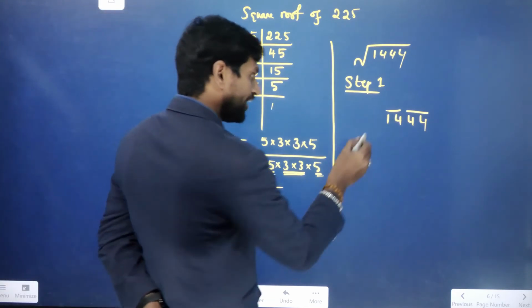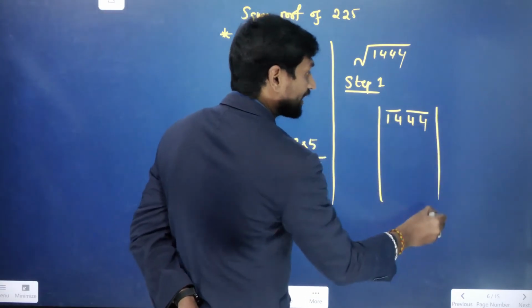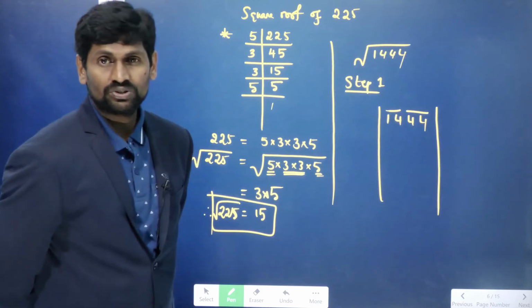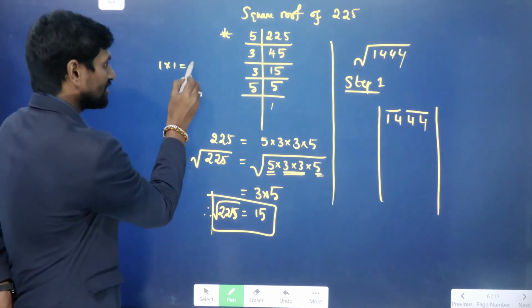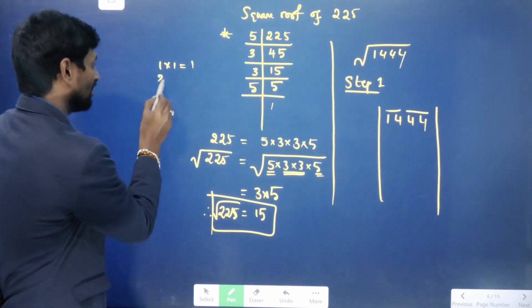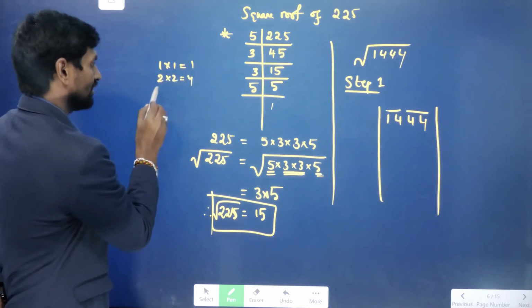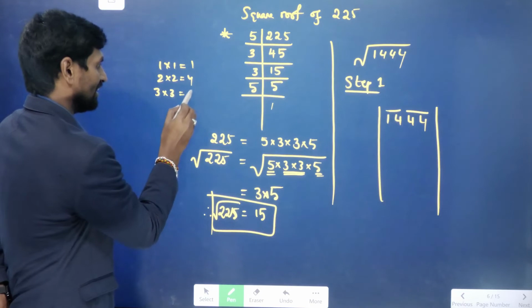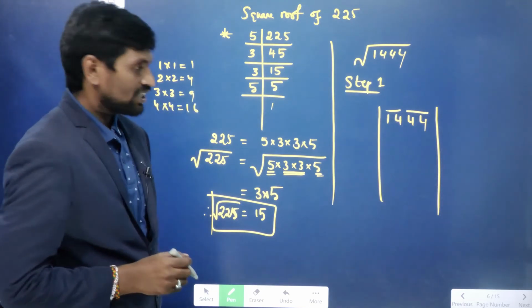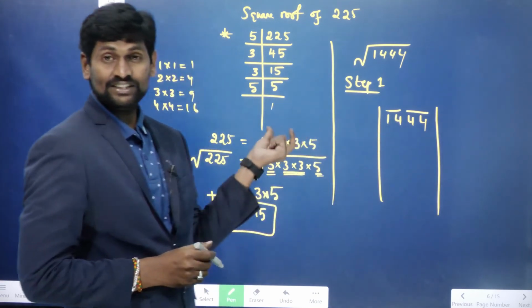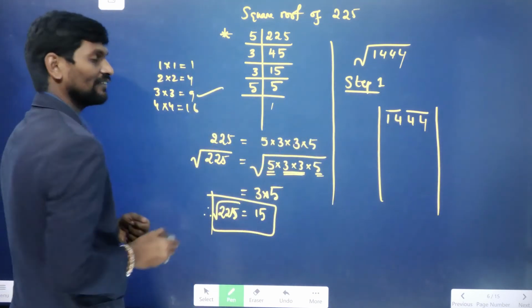Step 2, we need to use only the square numbers. Square numbers means 1 1s are 1 is a square number, 2 2s 4, 3 3s 9, 4 4s 16, like that. Now here 14, nearest square number is 9.